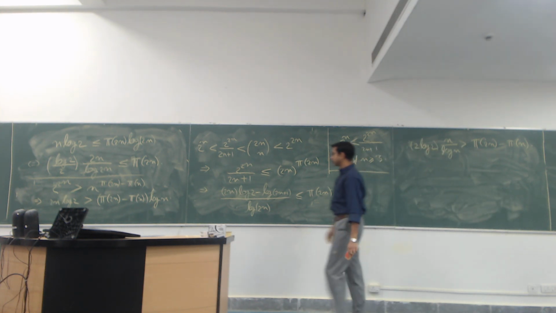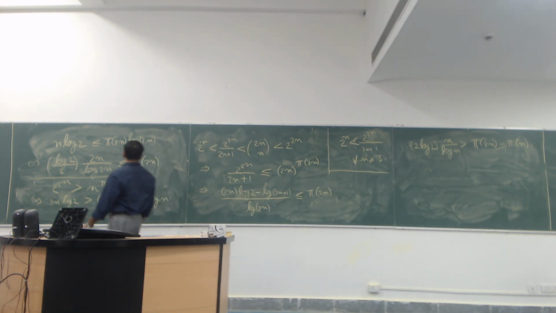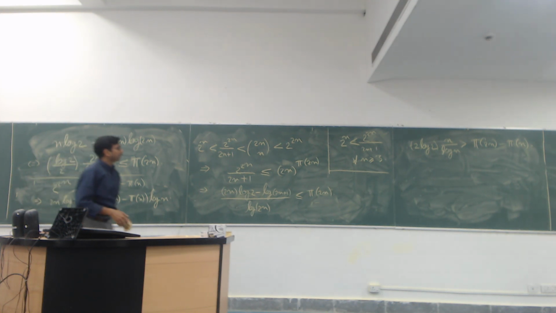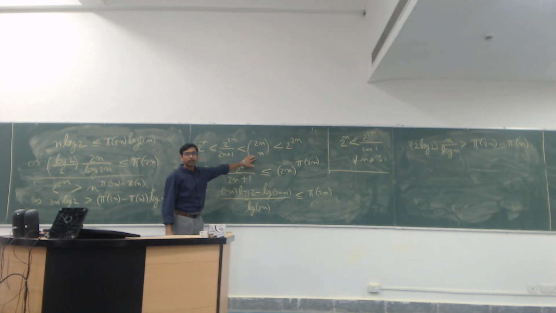So we have two estimates: one is for pi 2n and another is for pi 2n minus pi n. And both of these we have obtained from considering 2n choose n, the prime indices of this.